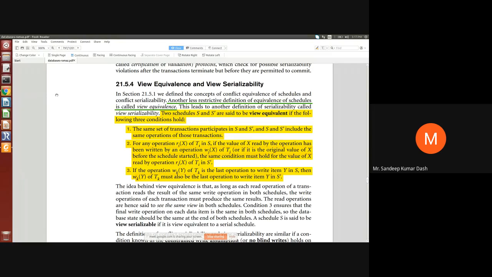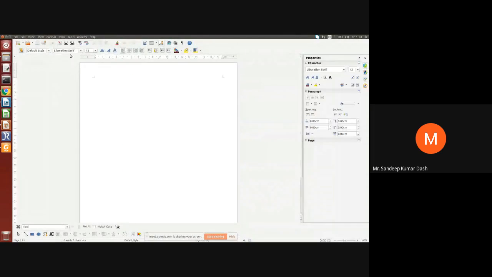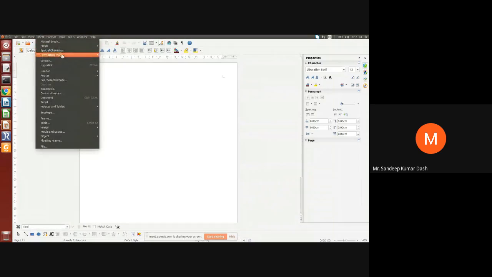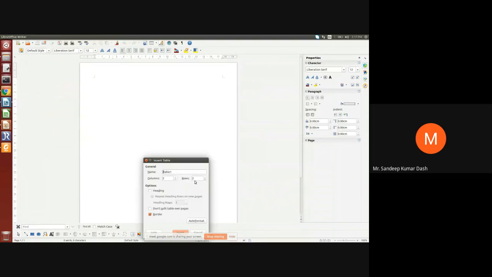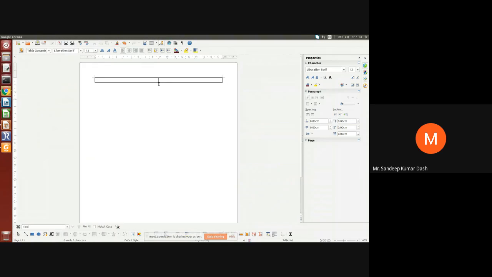Let me explain one example. Say I am having two columns, two rows. So this is a schedule. This is schedule S. Okay, serial schedule. This is T1. So the first operation is R1X.